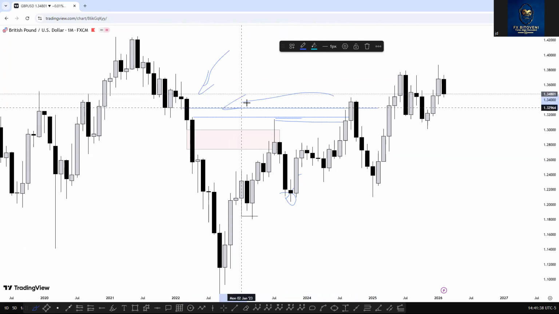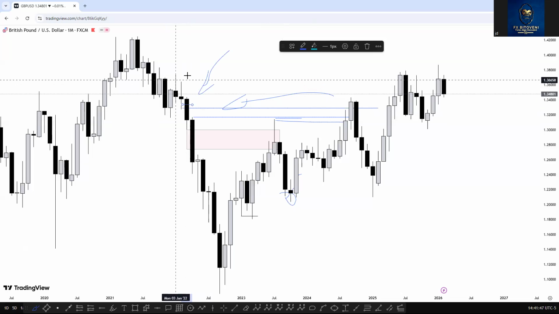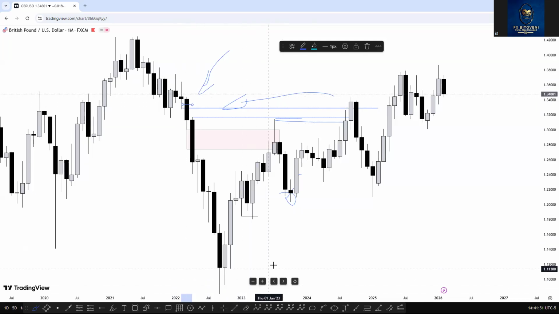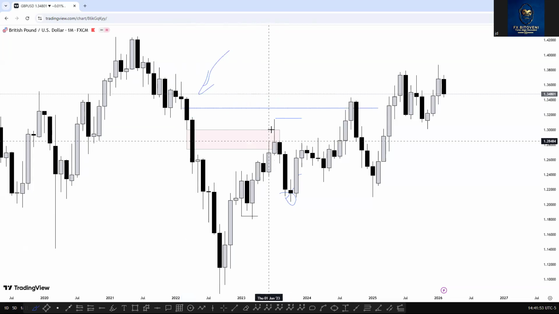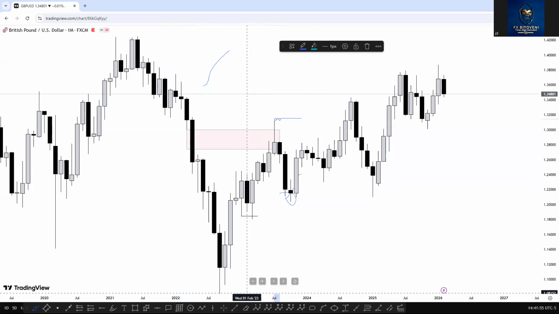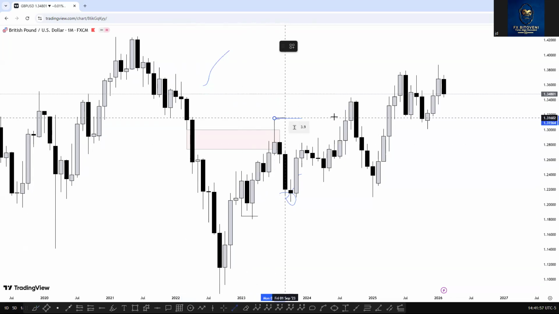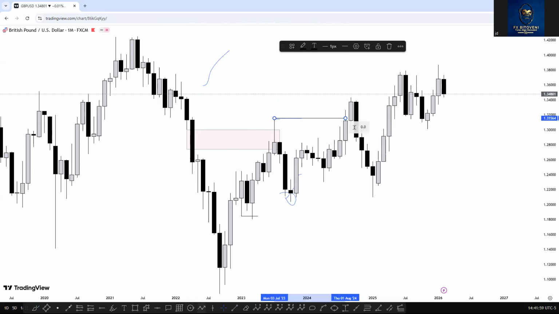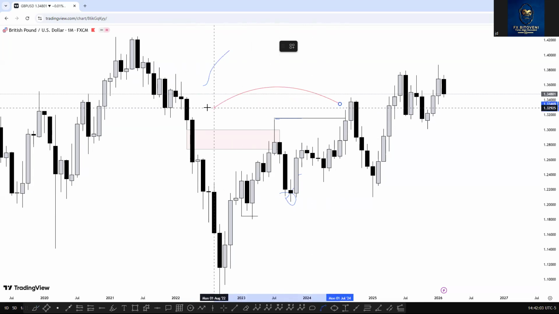There is a key level market is going to look for, which is imbalance, or the high, if you can understand. The purpose, after taking this area, is right here.